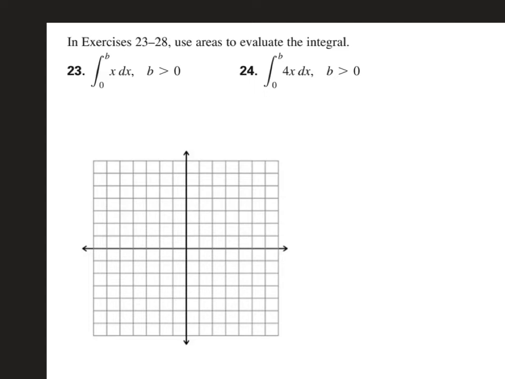So we only want to find it from 0 to some constant, unknown value b. I'm going to make b stop there and say this right here is b. We could put b anywhere, it doesn't matter. And then we realize we're just trying to find the area of this triangle.